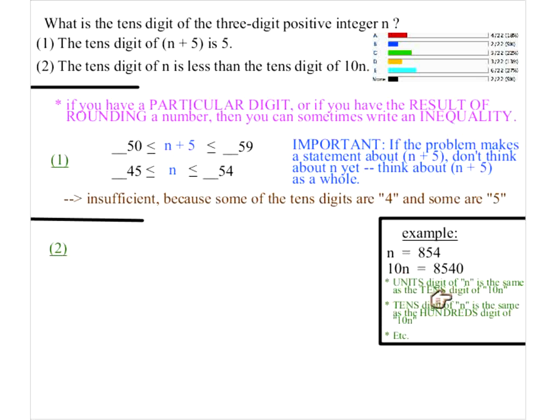Otherwise, just pull out an example like this and use it. It's a lot easier than trying to memorize this stuff. So the tens digit of 10n is just an obnoxious way of saying the units digit of n. Those are the same thing.